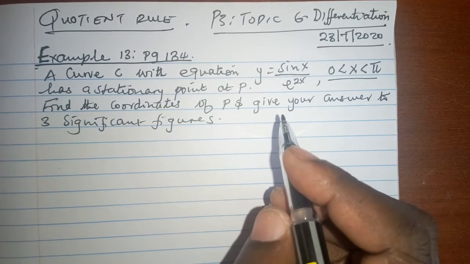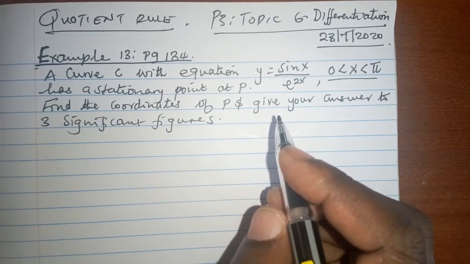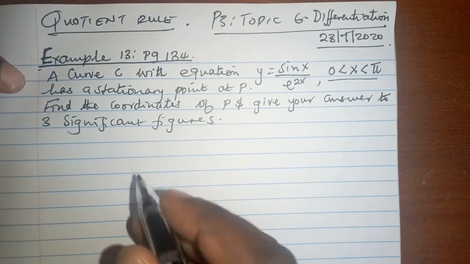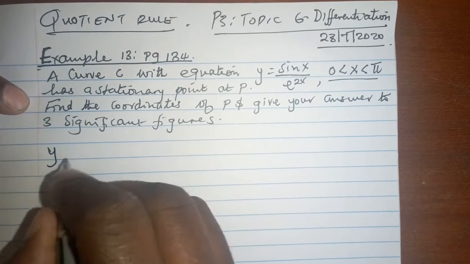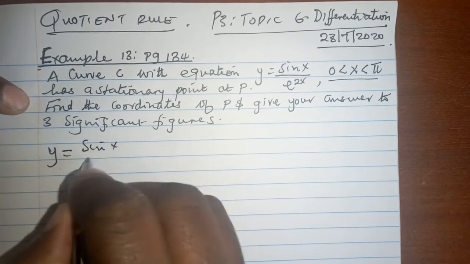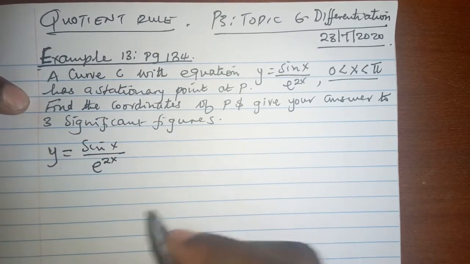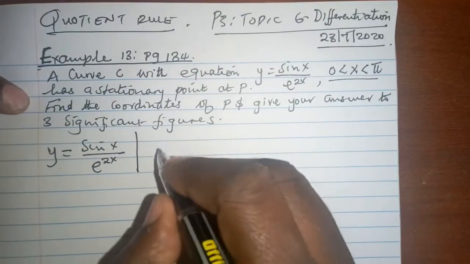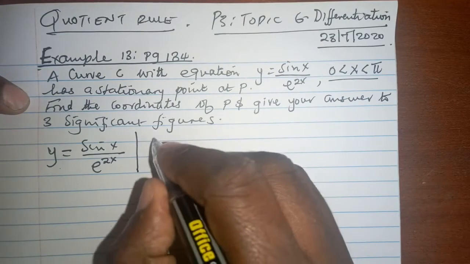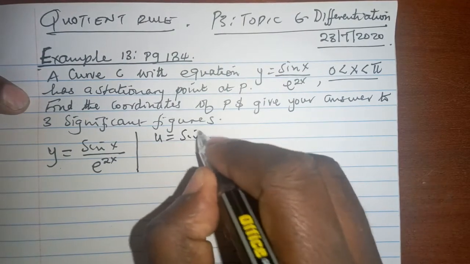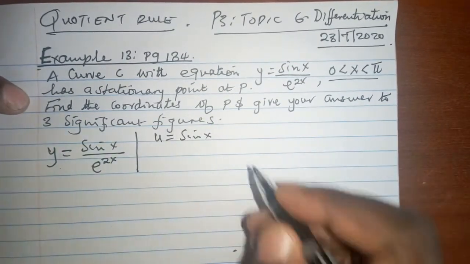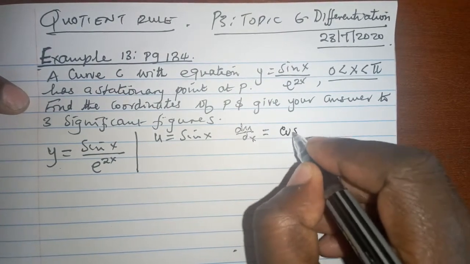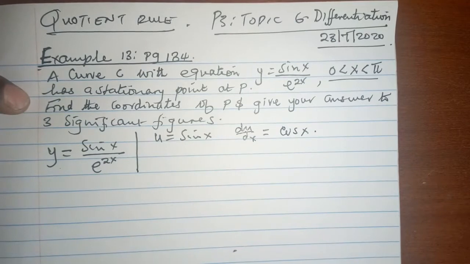When we have a function in this nature, let's write it here: y equals sine x over e raised to power 2x. At that particular point, you can already see that u is sine x and du dx is the cosine of x.